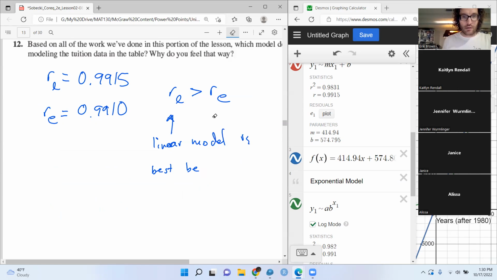Erase. Yeah, so this is what you're going to be doing in your project. You're going to create both models. And you're going to say this model is better because such and thus.